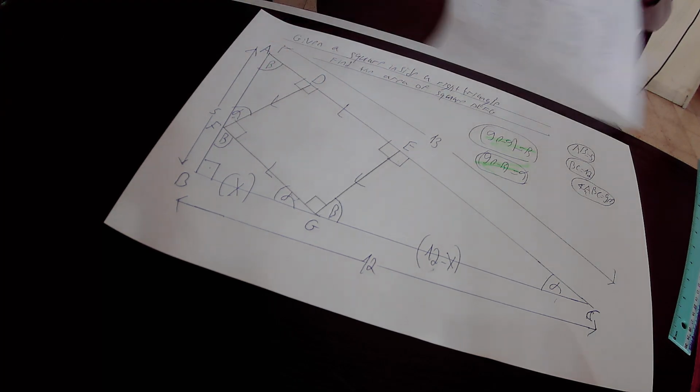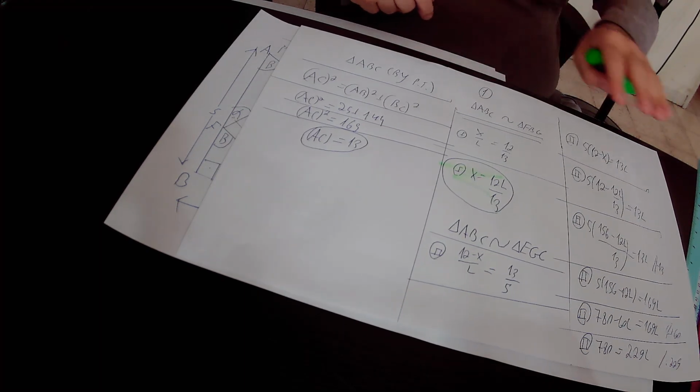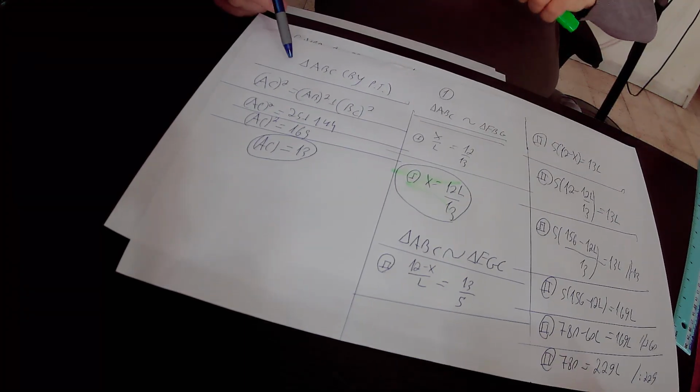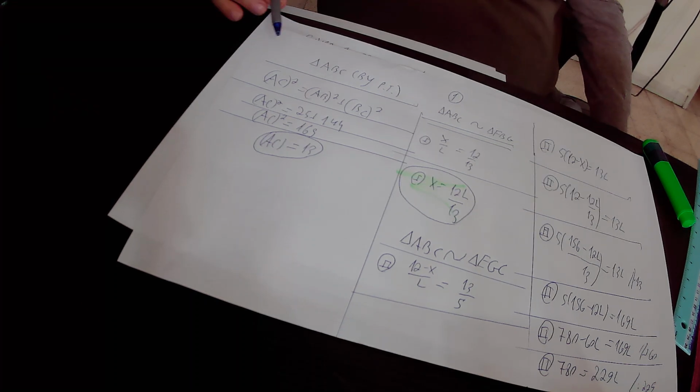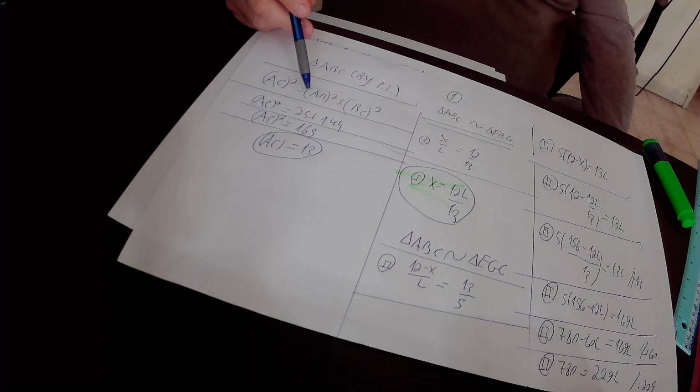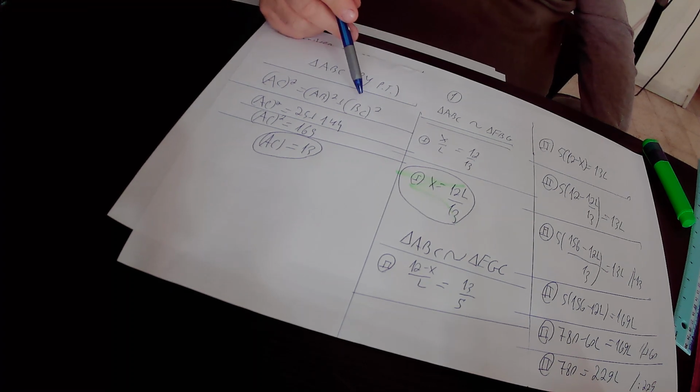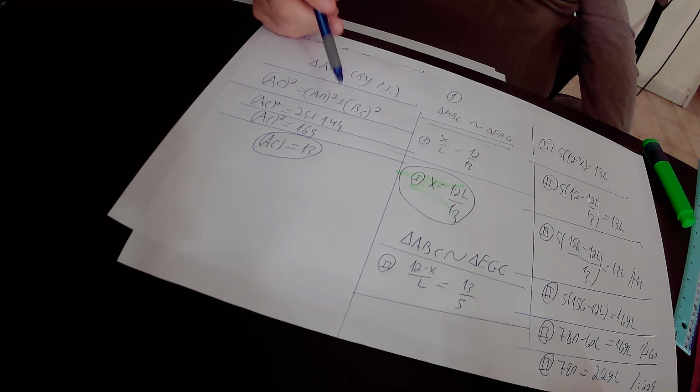AB equals 5, therefore AB square is 25, plus BC square. BC equals 12, therefore BC square is 144.